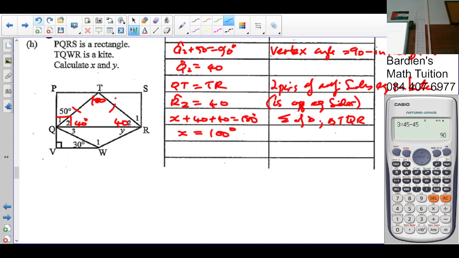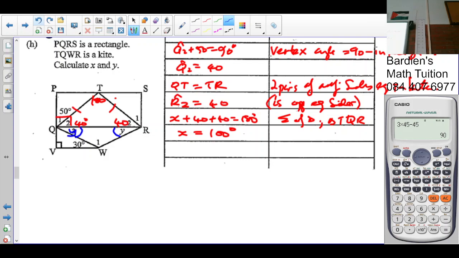Let's look at y. Here's the y. So that's also y here.